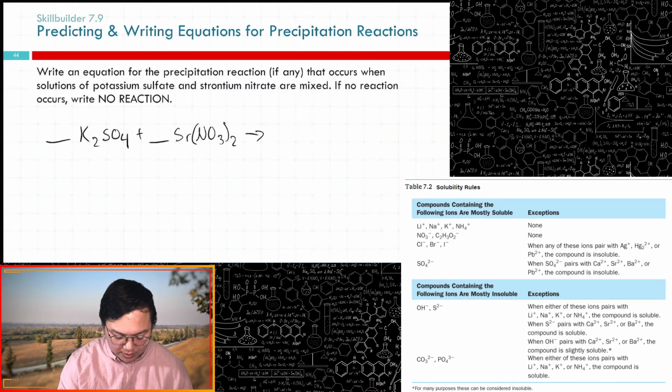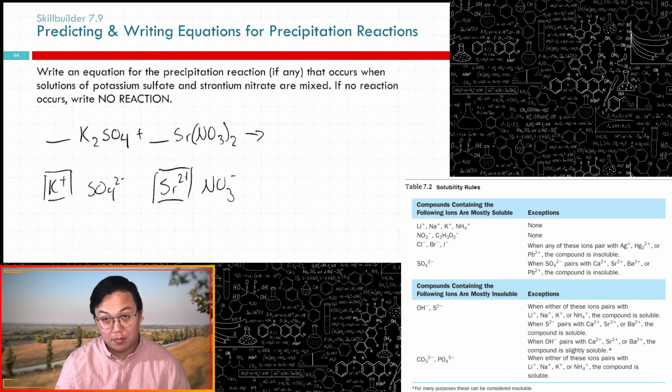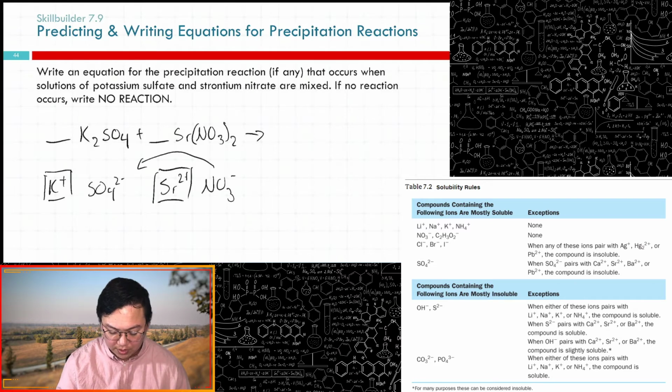And again, we're going to write down all of the ions in the solution with their charges. And then NO3-. We're not swapping strontium, and we're not swapping potassium, but we're swapping the nitrate and the sulfate.